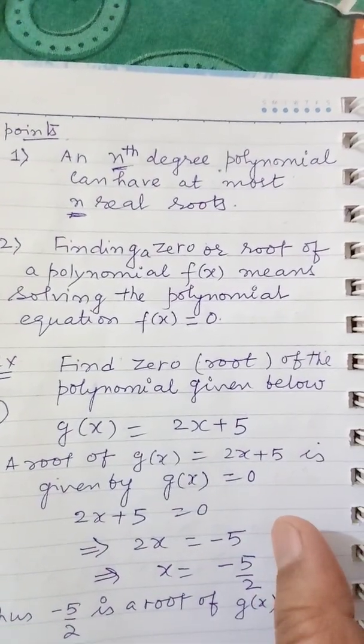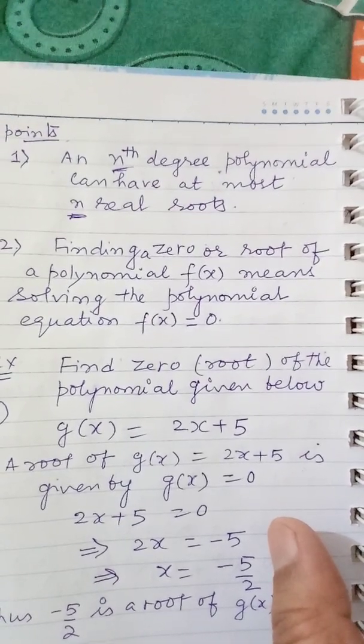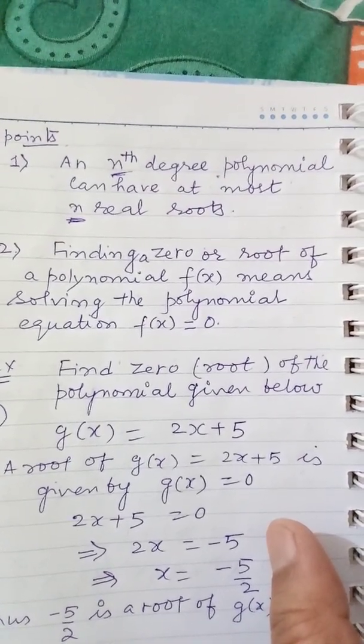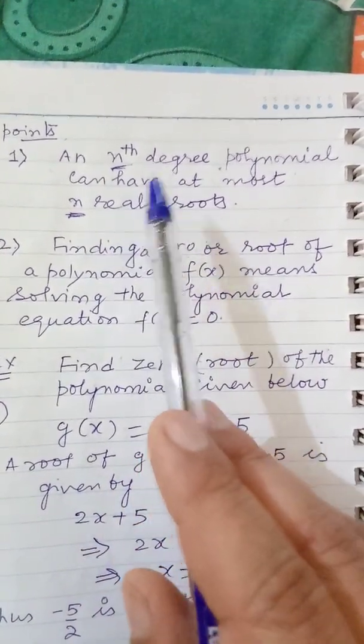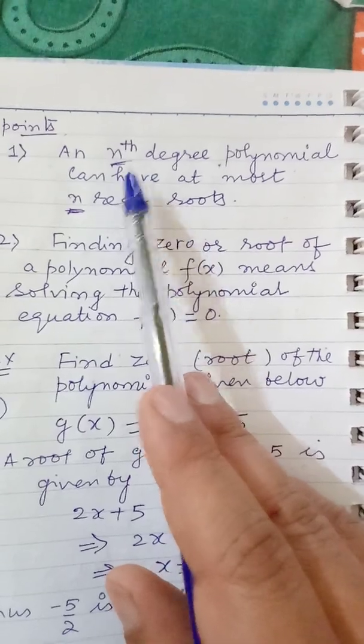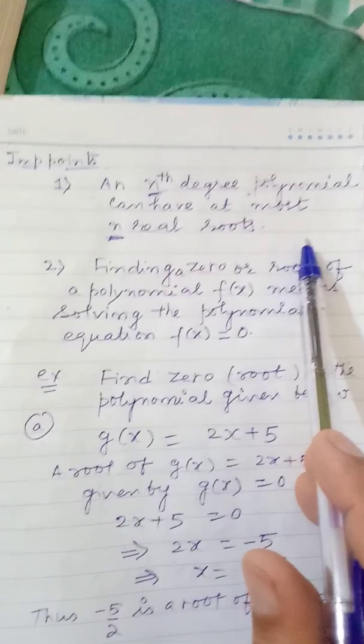Similarly, a second degree polynomial is called a quadratic polynomial, so it can have at most 2 real roots. A third degree polynomial is called a cubic polynomial, so it can have at most 3 real roots. Keep this in your mind.